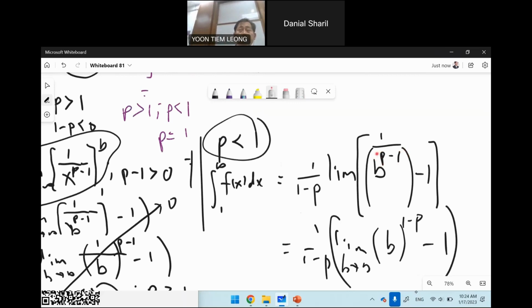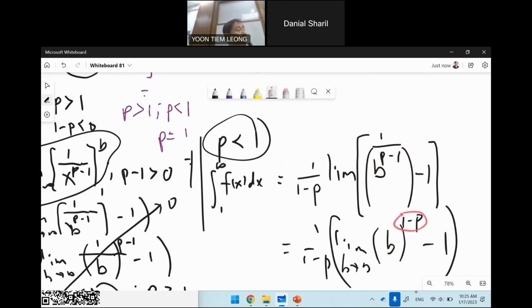If P is less than 1, then this is negative. So 1 over b raised to some negative number is just b raised to the power of 1 minus P. Just revert the sign, so that I can rewrite 1 over b raised to the power P minus 1 as b raised to the power 1 minus P.